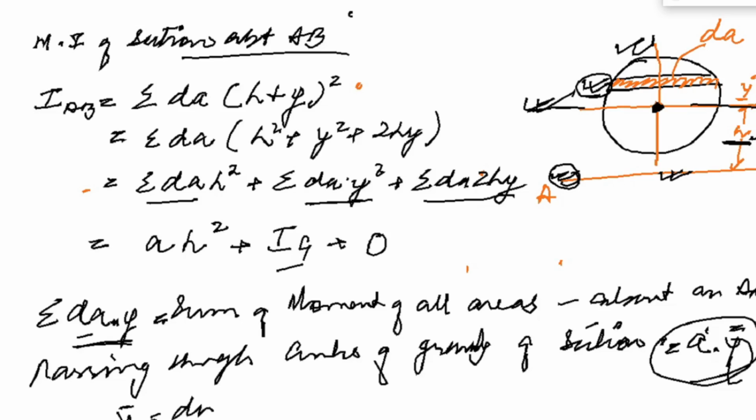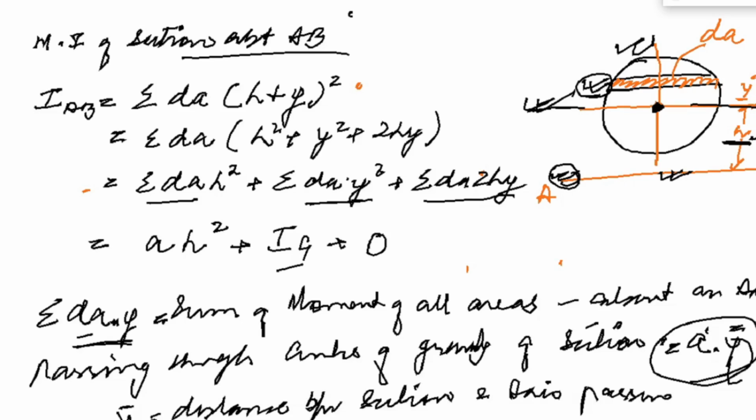It is the distance between the whole section and the axis passing through the center of gravity, which is actually zero. That is why this term comes out to be zero.